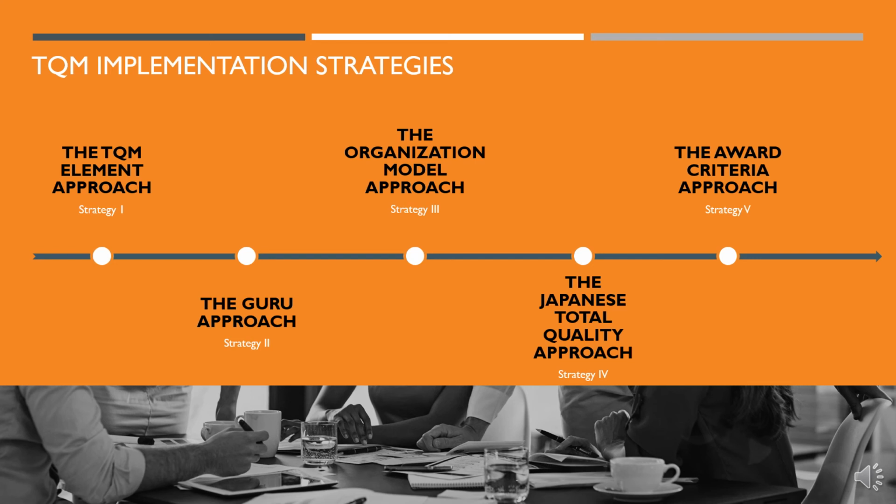When using this model, an organization uses the criteria of a quality award to identify areas for improvement. Under this approach, TQM implementation focuses on meeting specific award criteria. Although some argue that this is not an appropriate use of award criteria, some organizations do use this approach and it can result in improvement.